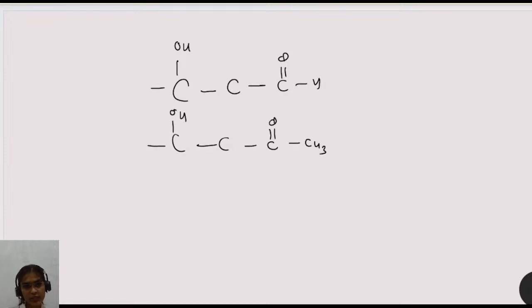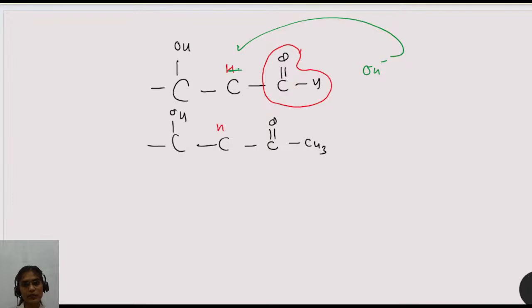In this case, this group is going to stabilize more. Just try to understand what is happening. Here this is an H positive ion, and this is an H positive ion. You know the last mechanism: the base comes and abstracts this hydrogen. Once it abstracts the hydrogen, a negative charge is generated. Again, a negative charge is generated.